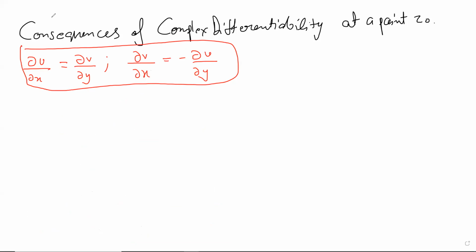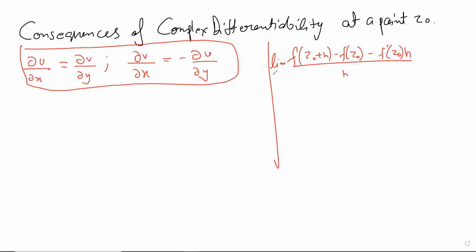But I'll just quickly review the way we had seen this through matrices, because that's really a very nice way to see it. When we were looking at the definition, and this is the alternate definition which will also be useful, where we write the limit definition, and one side is f dash z naught, you can pull everything on one side and tell yourself that f dash z naught is just a number. It's just a complex number, right? You can replace this by some number D, a complex number.